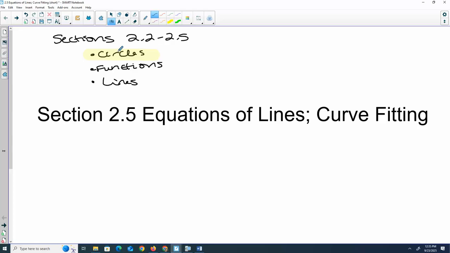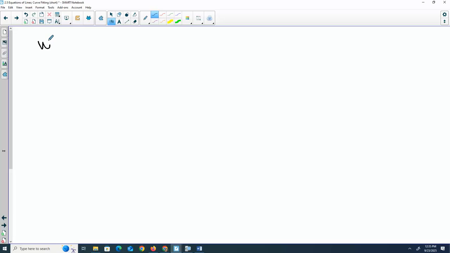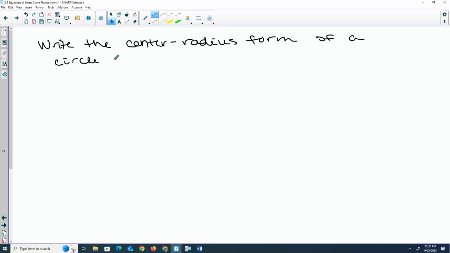So remember with those circles, I might just say, write the equation, in center-radius form, I think there's space on the back of this handout if you want to write this down, of a circle with center -3, 7, and radius 4.